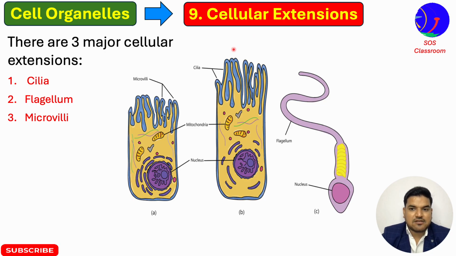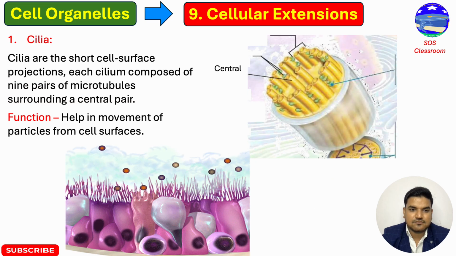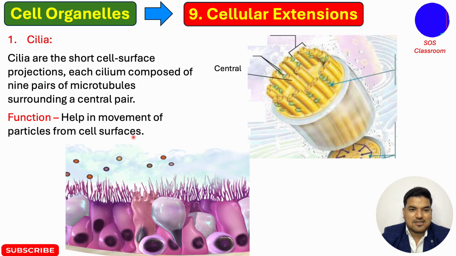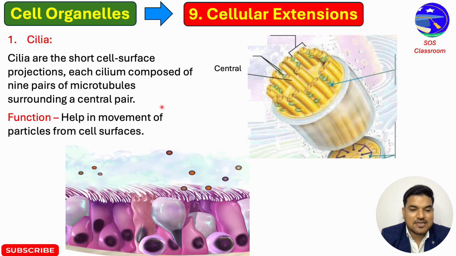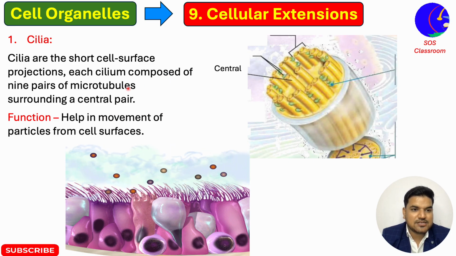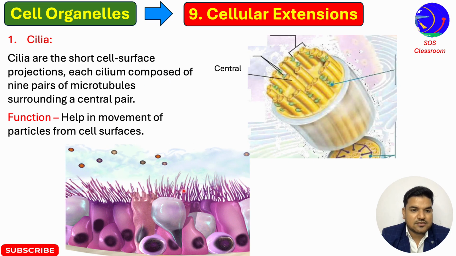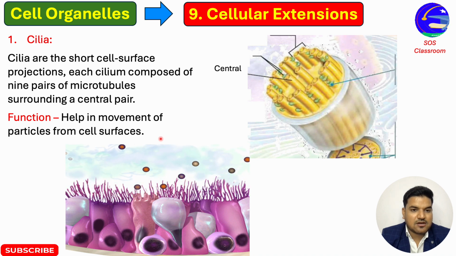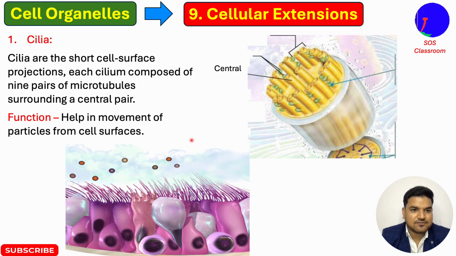Next, we discuss the cellular extensions. There are three cellular extensions: cilia, flagella, and microvilli. You can see these are the microvilli, these are the cilia, and this is the flagella. Cilia look like hair-like structures, mainly present in the uterus and the respiratory tract.